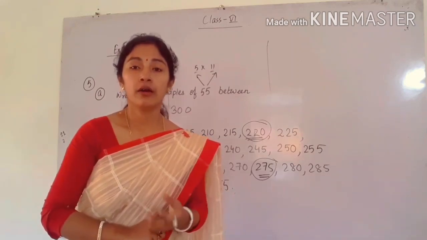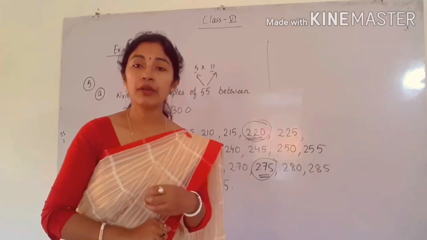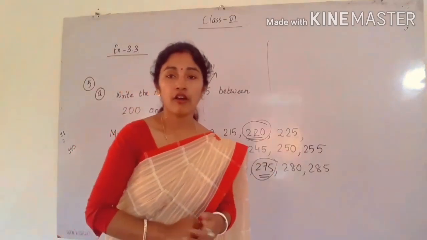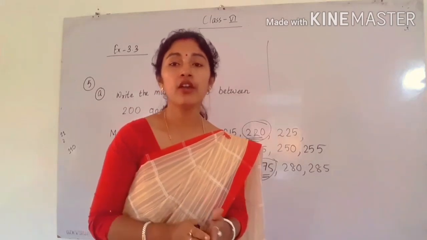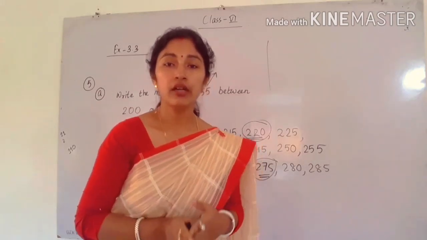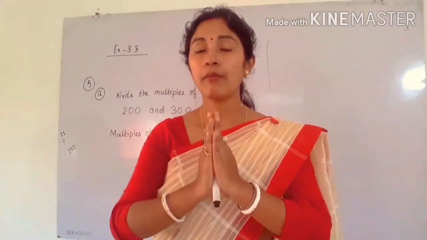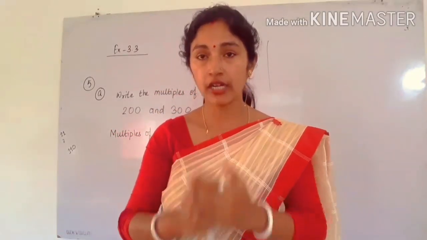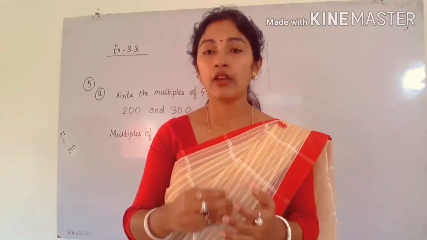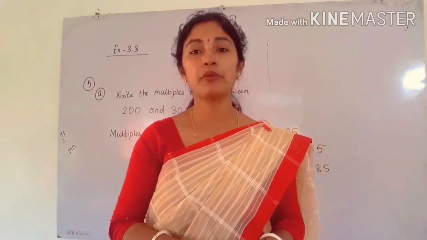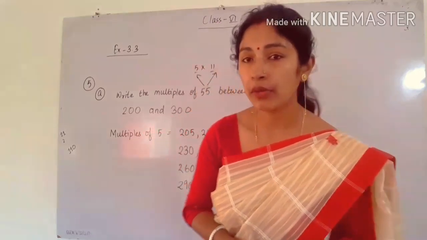If you remember the tables, then it will be easier for you to do different types of questions on factors and multiples. That is very important. So remember up to 25 right now. I know some of the students know up to 20, and some also know up to 25. So try to remember it.